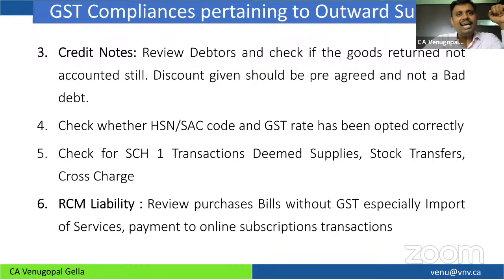In case it is a discount, where you are giving a discount to the customer, you also have to check whether this discount has been agreed upfront. For example, you might have said that, okay, if you make the payment within 30 days, 60 days, you will be given a 1% additional discount. So instead of 100 rupees, now the customer is paying only 98 rupees.